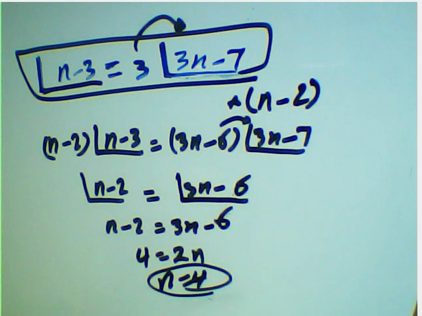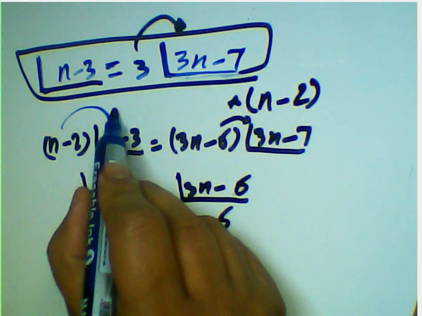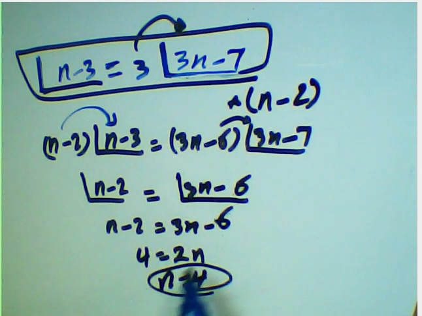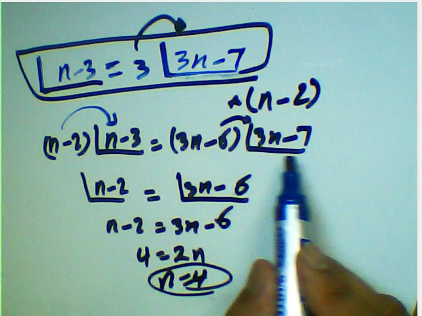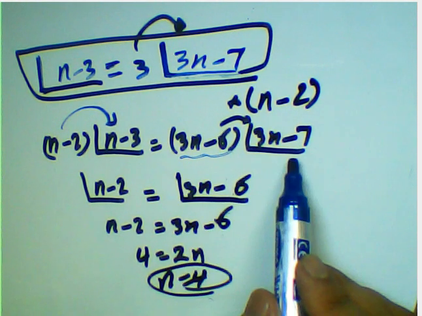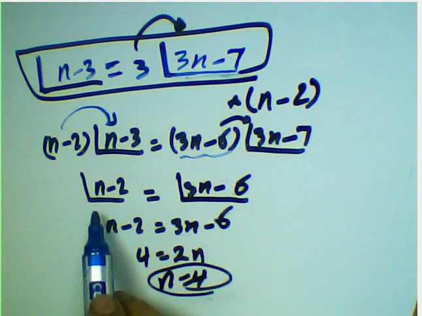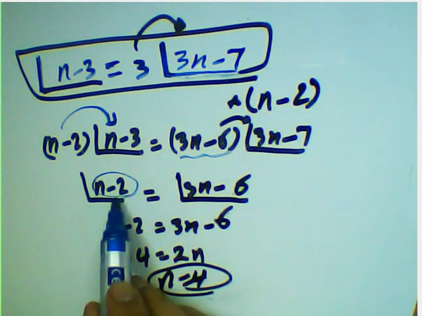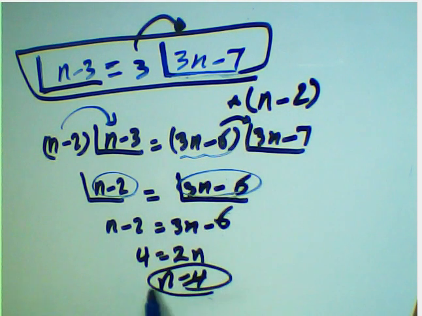I find the result by multiplying n minus 2 on the left hand side and right hand side. Then n minus 2 can be written inside here, factorial n minus 2, and here 3n minus 6 multiplication by factorial, write 3n minus 6 inside here. It will be factorial equal factorial, then inside here equal inside here, we can write n equal 4.